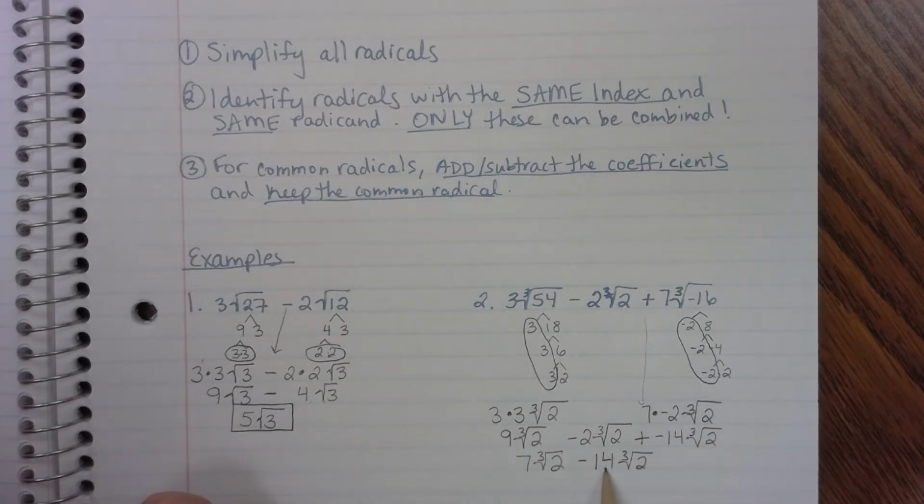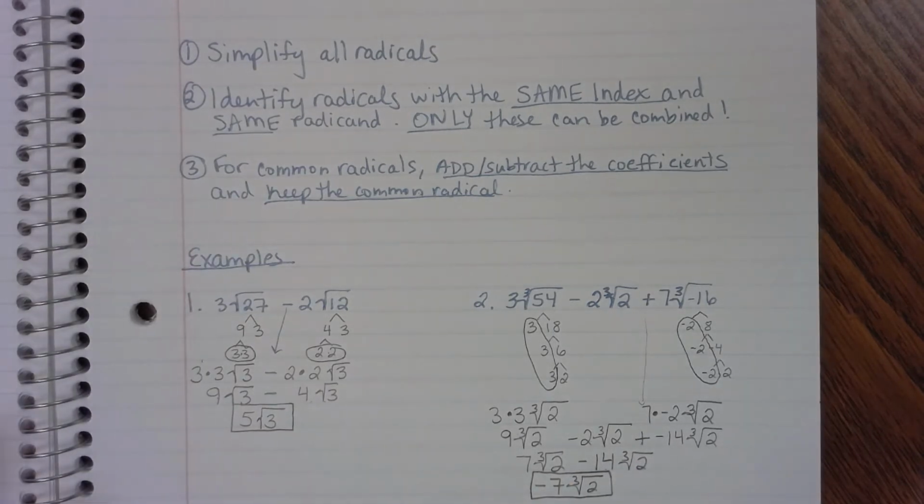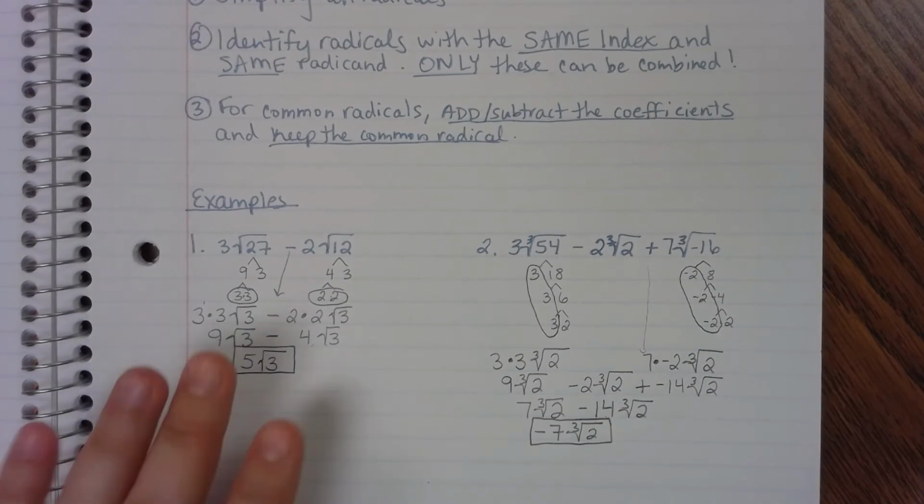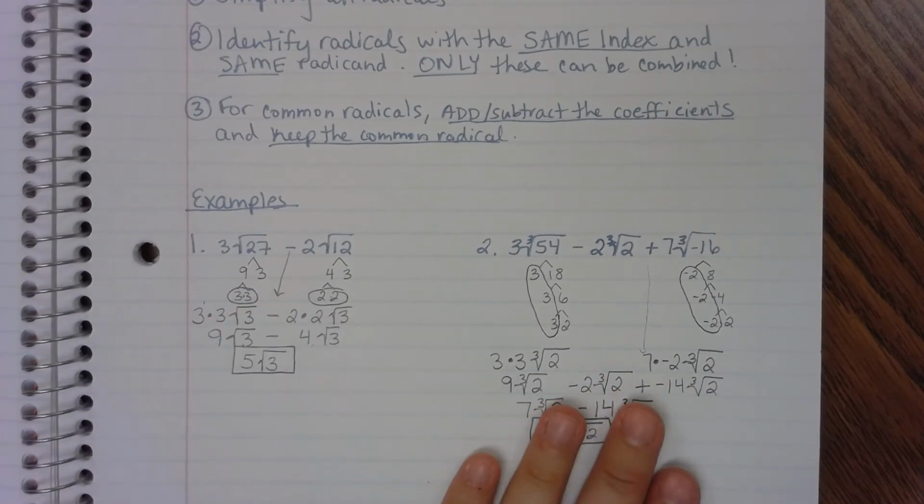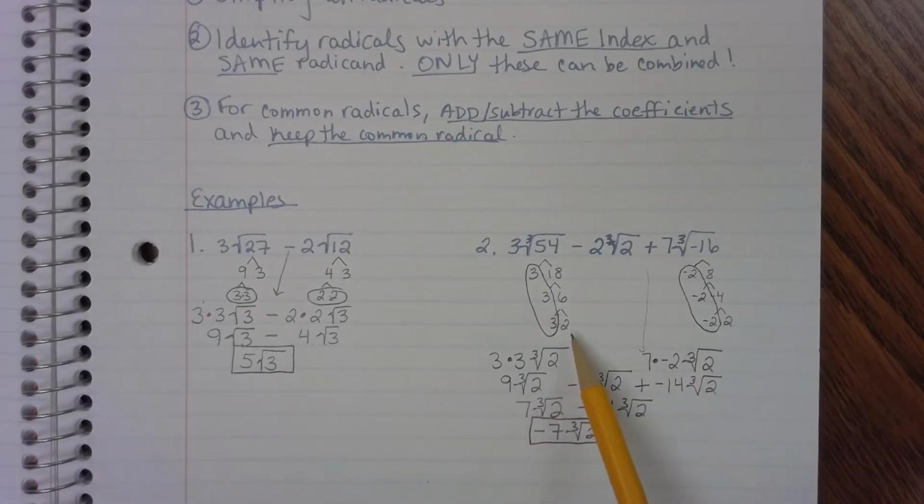And so I simplify that one more time. 7 minus 14 is negative 7 cube root of 2, which is my final solution. So as you can see from my two examples, I can have 2 or I could have 3. Some are going to need to be simplified and some are actually going to already be simplified for me.